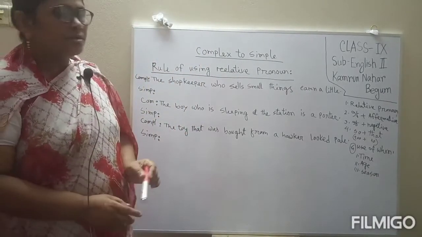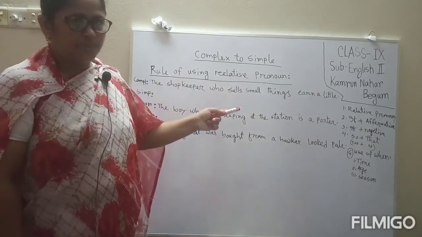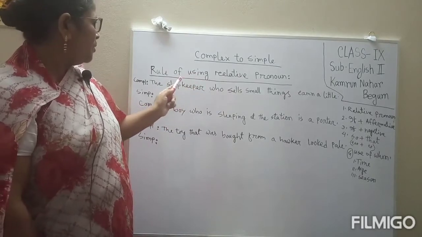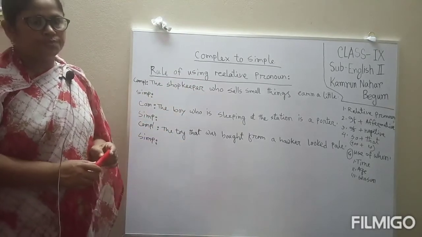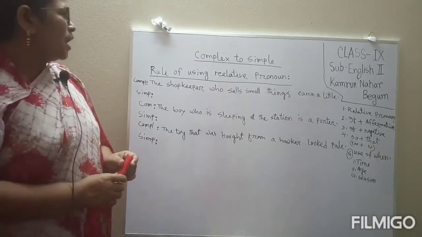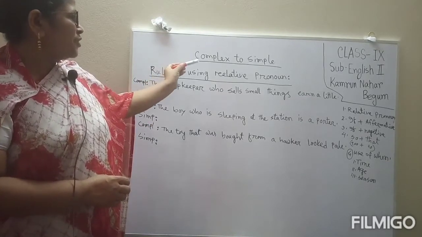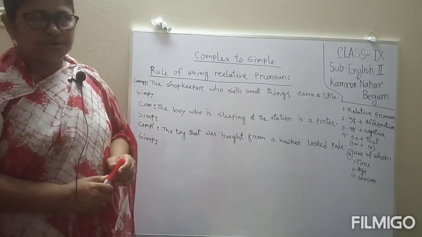We are learning changing sentences from complex to simple. In our previous class, we learned about the rules of using though, although. We learned how we can change a complex sentence containing though, although and so that.